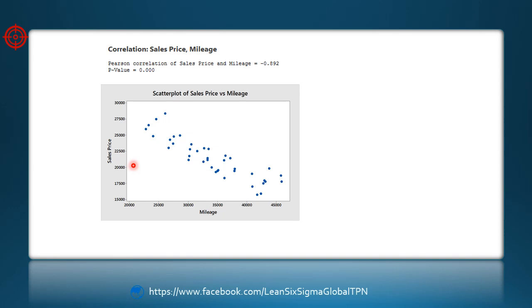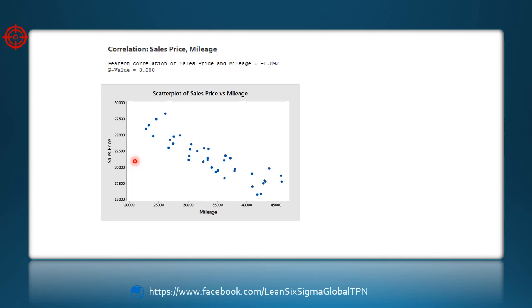Remember, determining how strong the correlation is between variables depends on the application.